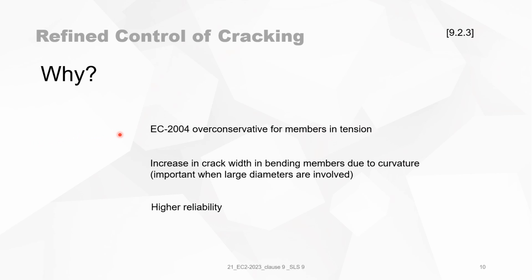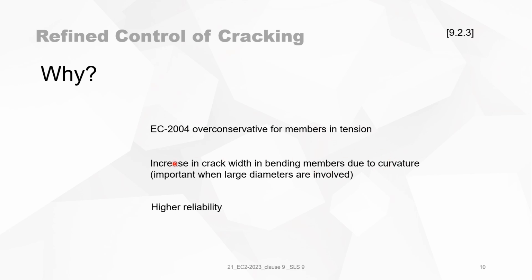Now we can ask ourselves why. Why is there now an increase of 10%? What's wrong? How does that come? We have seen that in Eurocode 2004, the crack width for members in tension was overconservative. Data showed that this was not really economical. Also, there is an increase in crack width in bending members due to curvature.